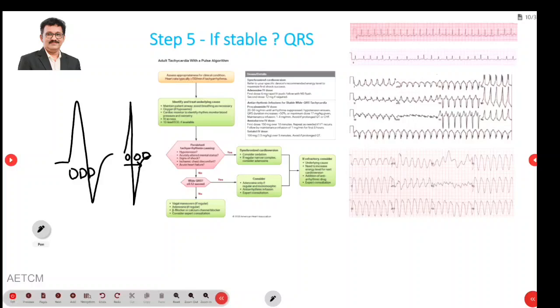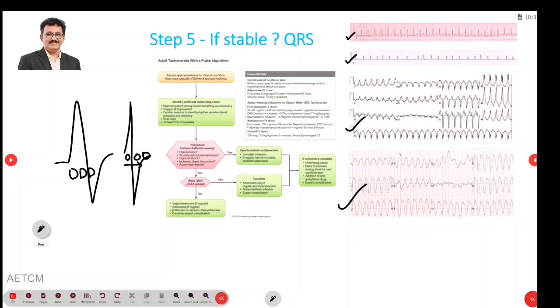If it is narrow, then treatment is different. Okay. So, you can see here, this is a tachycardia. Patient is having narrow QRS complex. This is an irregular tachycardia, atrial fibrillation, but QRS complex is narrow. Here you have a patient with SVT with aberrancy, the QRS complex is wide. Here you have a patient with probable VT, and you can see the QRS complex is wide.